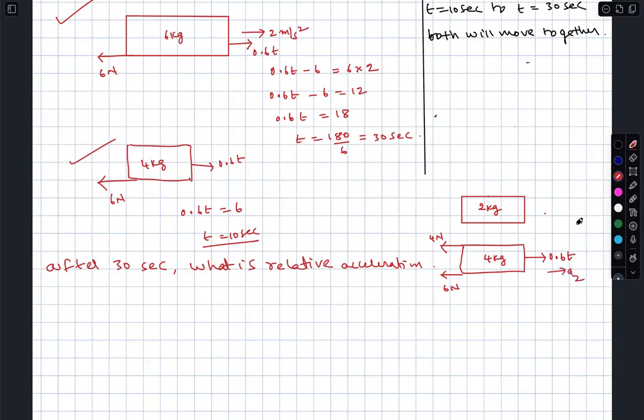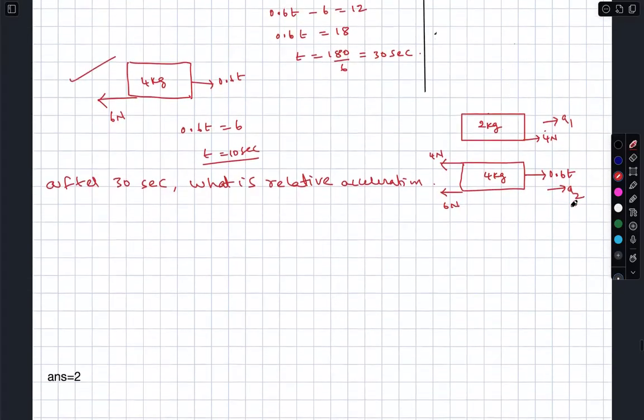We'll call this A2. 4 newton. We will call this A1. So what is the relative acceleration?